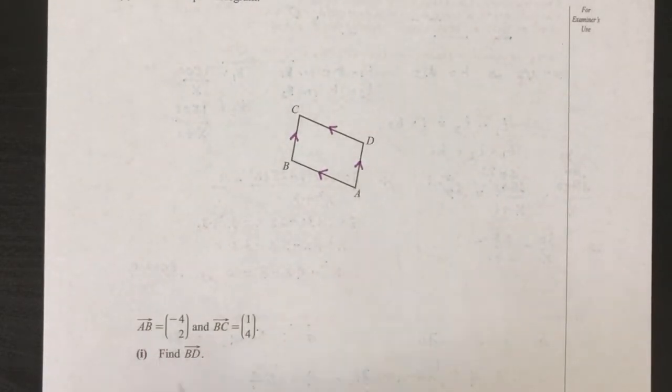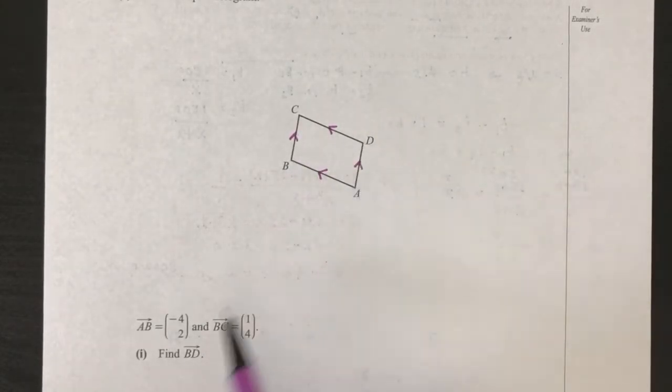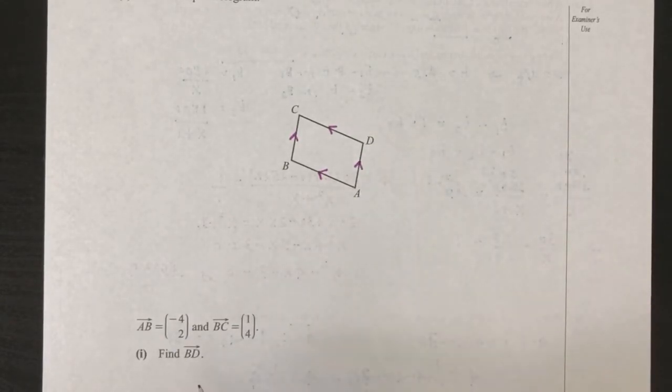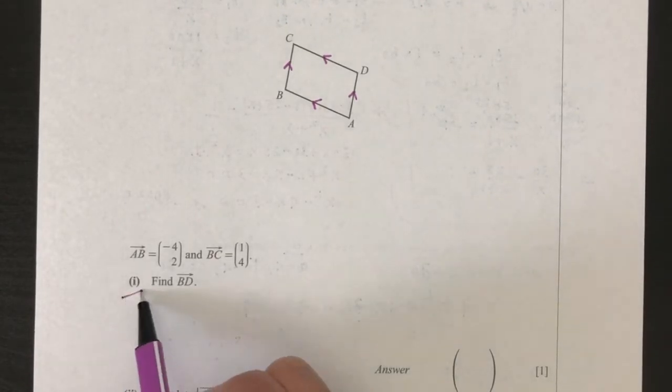He says AB is given by minus 4, 2. So AB is minus 4, 2. Then we have BC is given by 1, 4. Which means that this is also the same. So DC will also be the same as AB, and AD will also be the same as BC. Okay. Now move on to the question, part 1. Find BD.